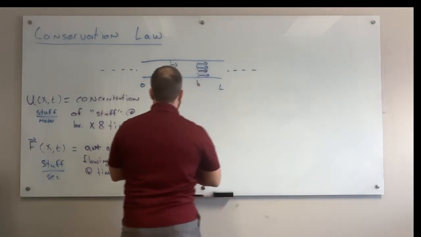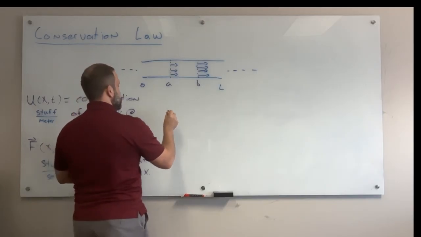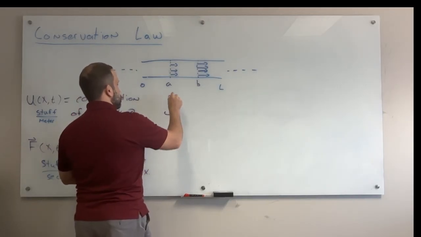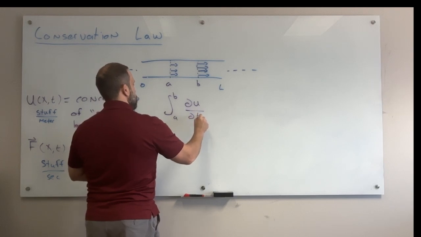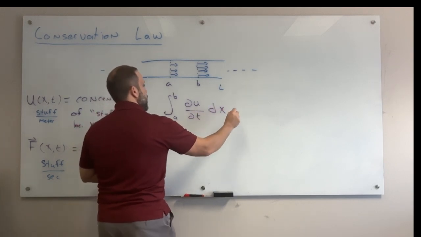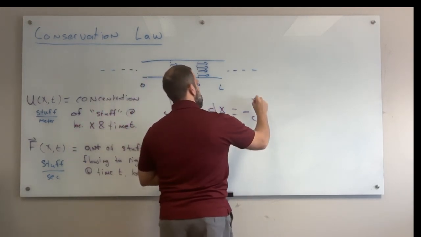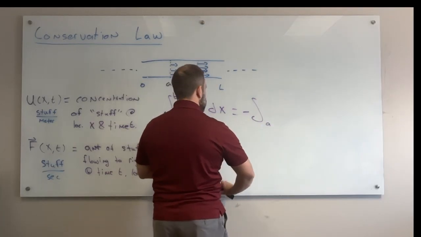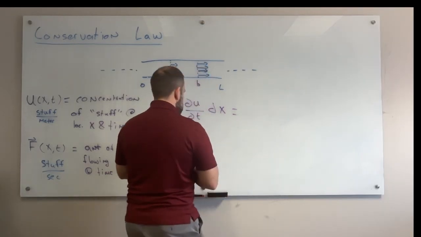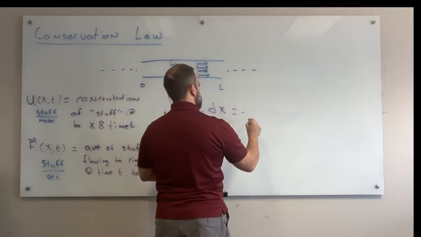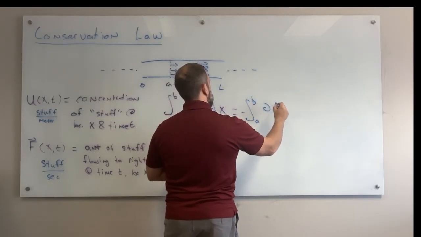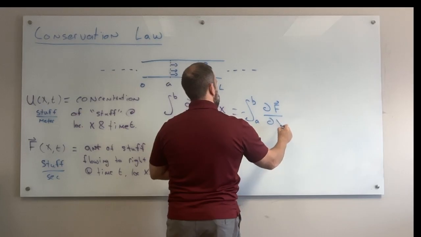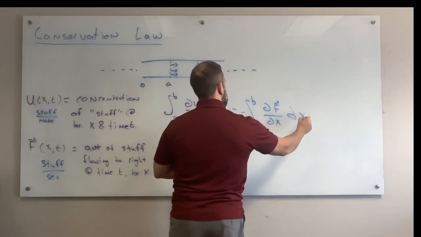So what we're saying is that the purple integral is equal to the blue integral. The purple integral is the integral from A to B of the partial derivative of u with respect to t. And this is equal to minus the integral, let me write this in blue as well, minus the integral from A to B of the partial derivative of f with respect to x dx, like this.